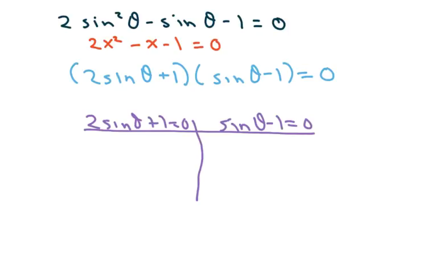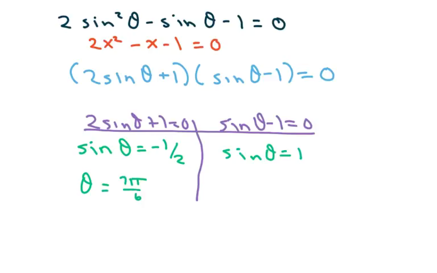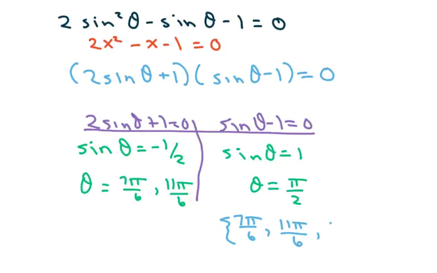Now I'm going to subtract the 1 and then divide by 2. So we get sine of theta equals negative 1/2, and this one is sine of theta equals positive 1. So theta on this side would be 7 pi over 6 and 11 pi over 6. And on this side, theta would be pi over 2. So my solution set is 7 pi over 6, 11 pi over 6, and pi over 2.